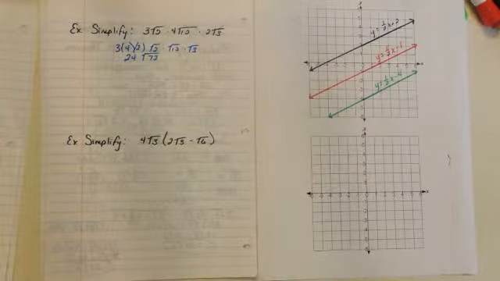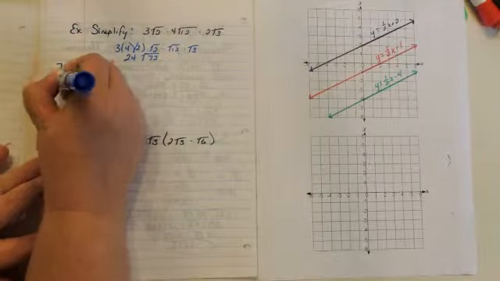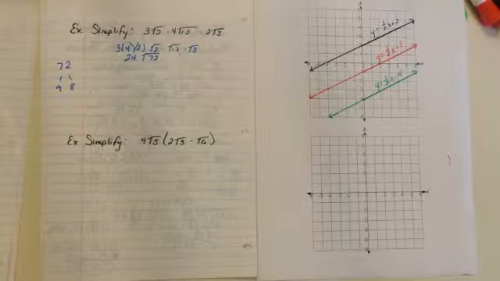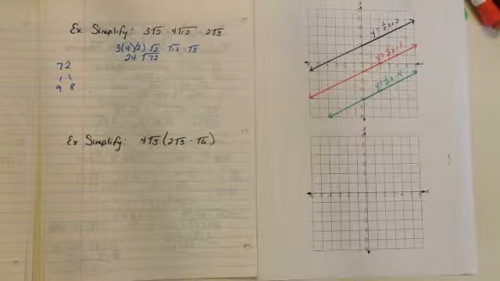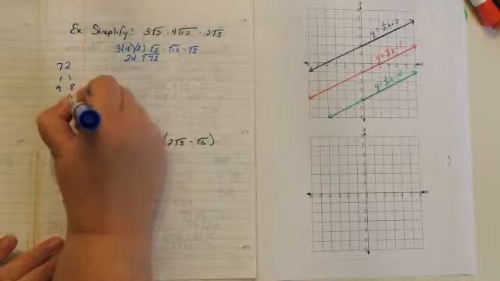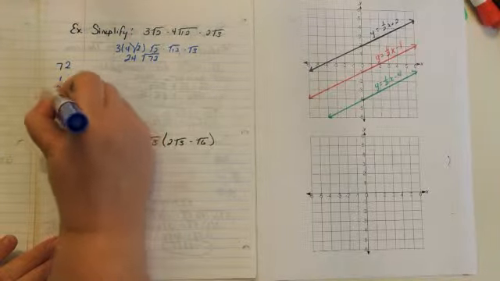So 72 is 9 times 8. And 9 is a square. It's 3 times 3. 8 is not a square, but we know it's actually 2 times 2 times 2. Okay?